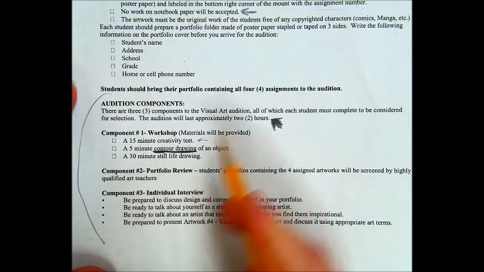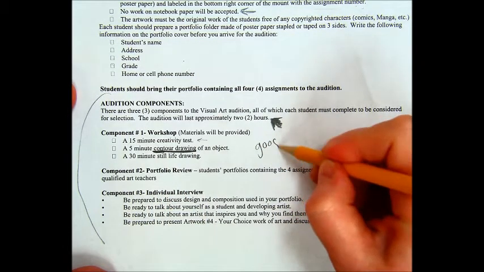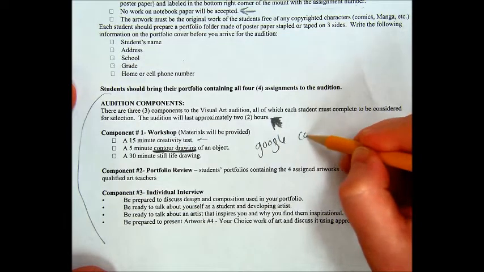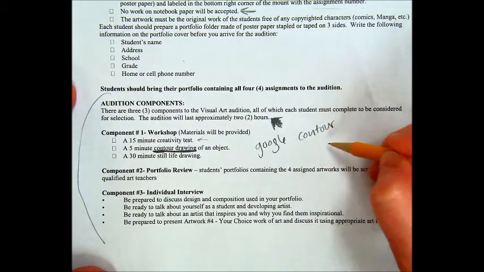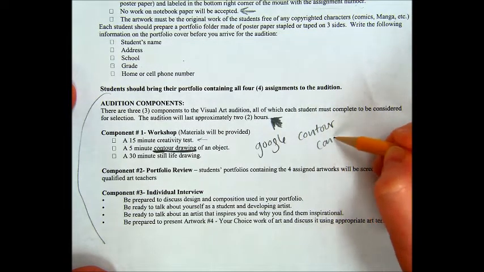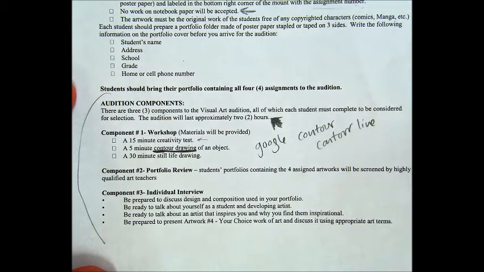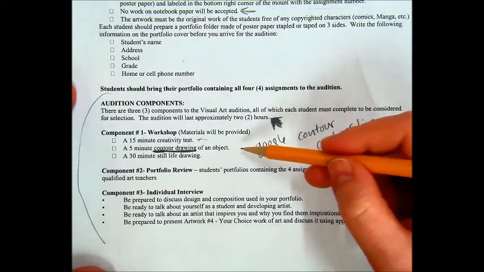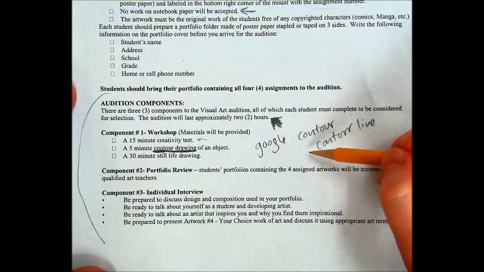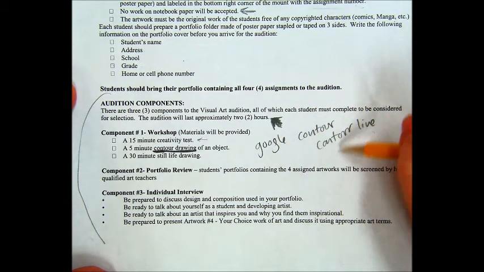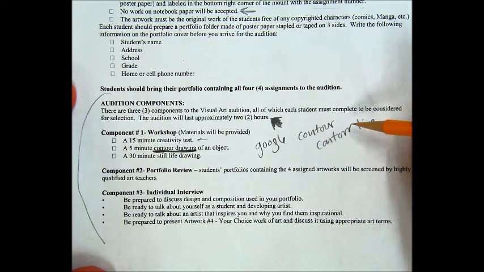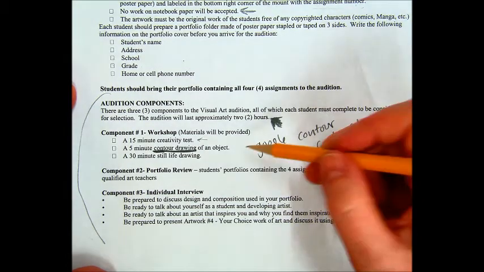So what I would do is Google contour drawing or contour line drawing, and you can find not only examples of this, but also you can find videos. I've seen lots of videos online of demonstrations of contour line drawing to refresh you on what that is.